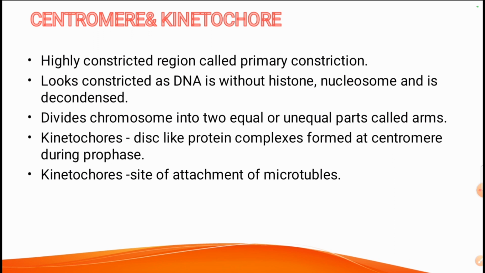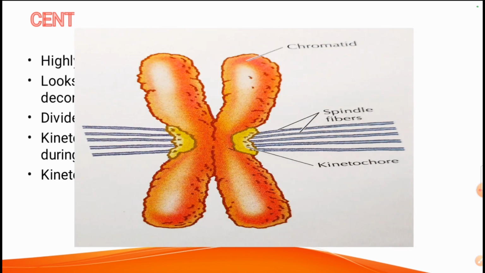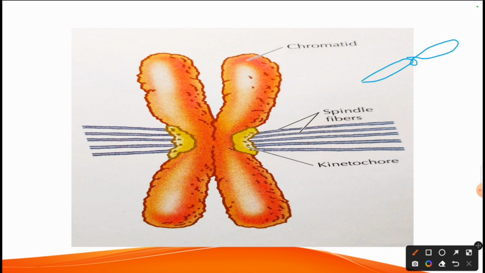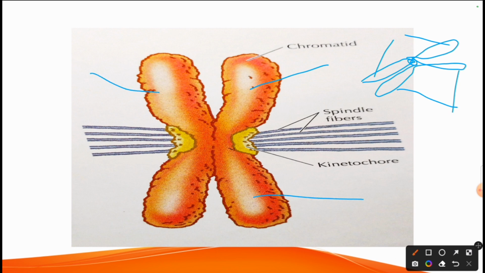So let us see the diagram now. In the next slide, you can see quite easily the two chromatids, as I had drawn in the previous slide. This one is chromatid 1, then this is your centromere region, then this is chromatid 2.